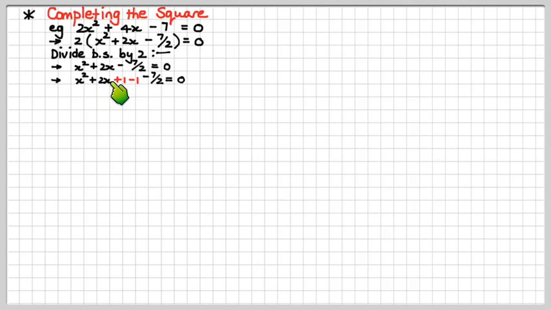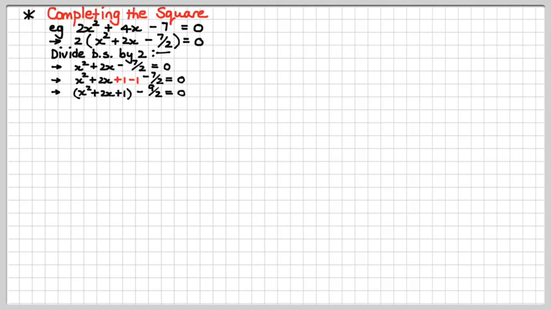So plus 1 minus 1 does not change the value of the left-hand side of the equation, so that's all right. We're going to harvest that 1 in this quadratic trinomial, which will now be a perfect square, and this will now join the rest of the stuff.